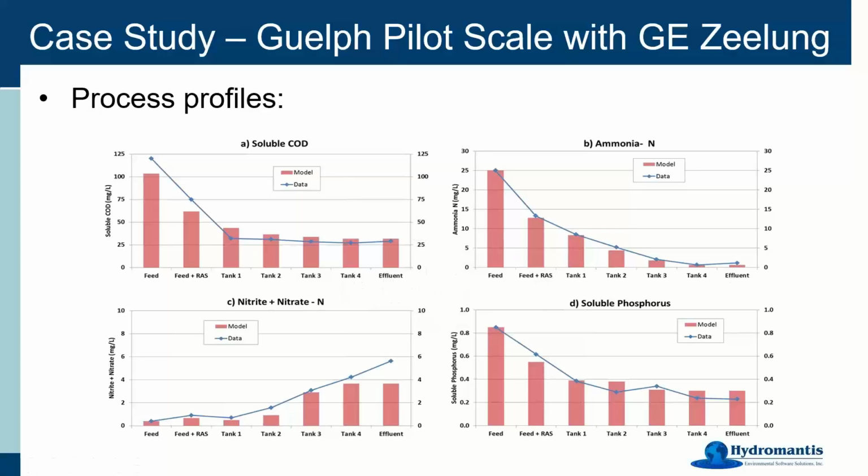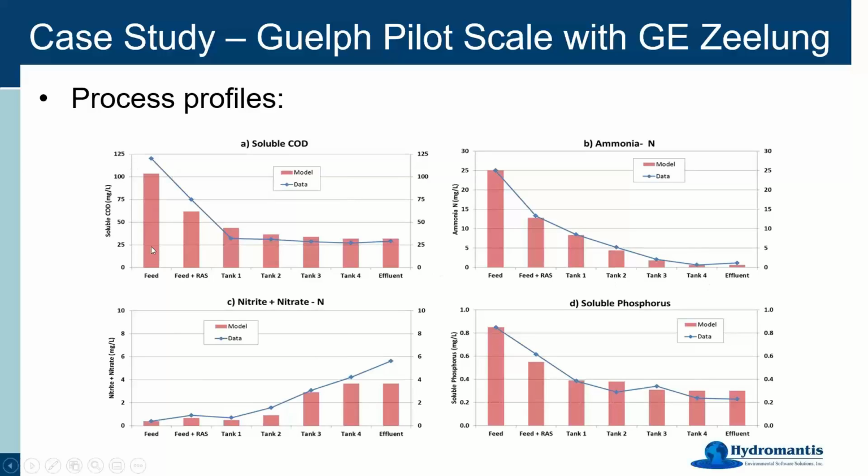So if you go ahead and read that paper, it goes into quite a bit of detail about comparing that particular setup with and without the MABR units. I won't go into that part of the paper. What I really want to show you is the calibration of the model and how well we were able to get it to fit. So what we're seeing here is the feed concentrations for soluble COD, ammonia, NOx, and soluble phosphorus.